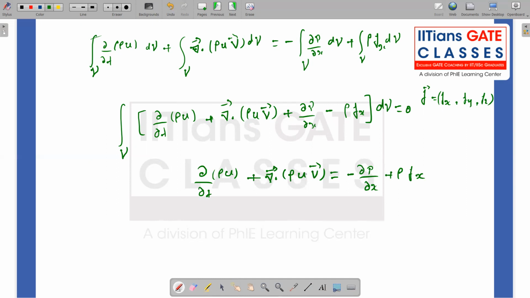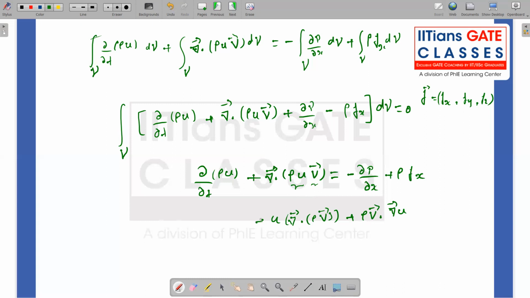Again, we can go on and show this in total derivative form. For that, I have rho u. Rho and u are two scalar fields, whereas v is a vector field, so it is a scalar multiplied with a vector. I will club rho and v together and treat u as a separate field. That means u times the divergence of rho v plus rho v dotted with the gradient of u.